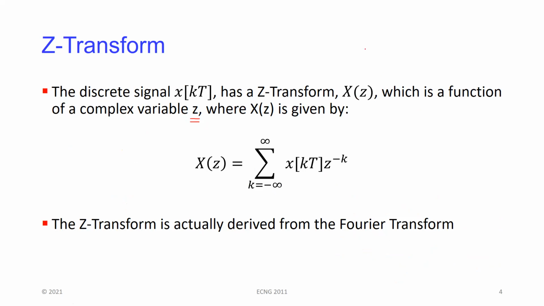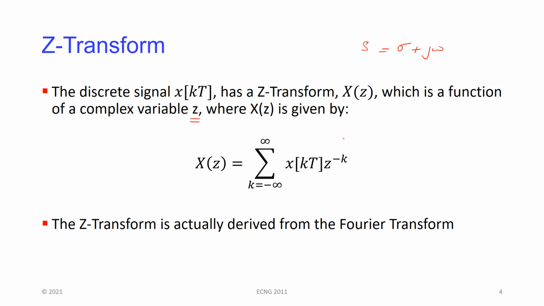Just like in the Laplace transform, s is a complex number with a real and an imaginary part, z is also complex. If we take the discrete time signal and apply the Z transform to it, we create a function in a different domain. So you're going from the discrete time domain into this Z domain.